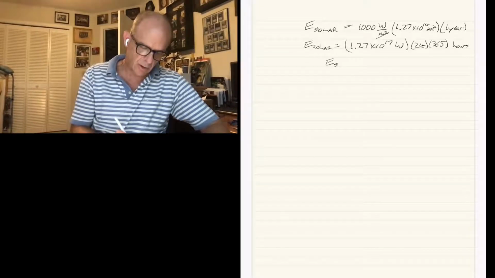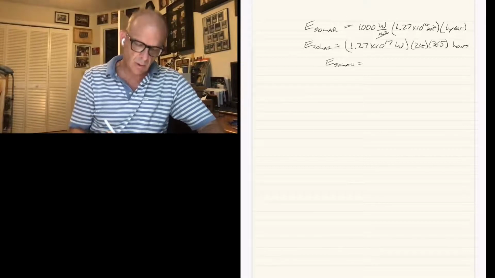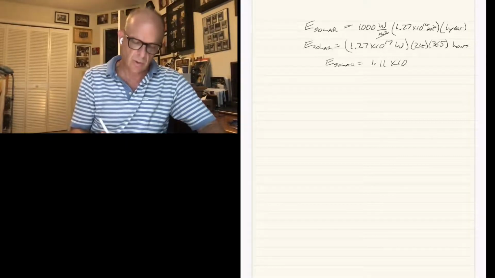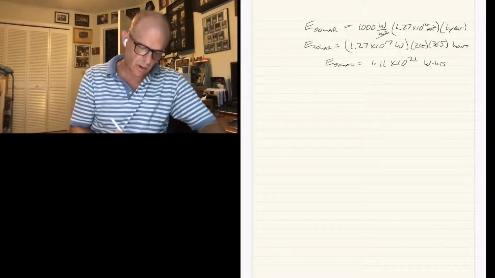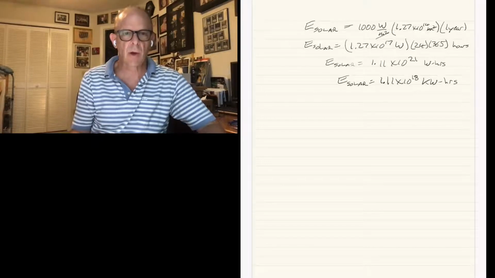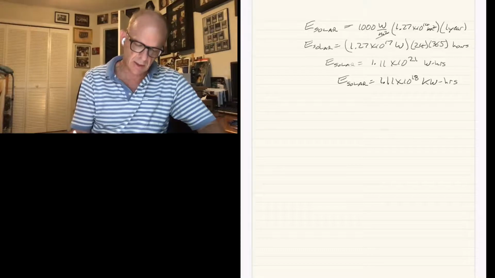So I have E solar equals 1.11 times 10 to the 21 watt hours, or 1.11 times 10 to the 18 kilowatt hours. Converting from watts to kilowatts, I divide by 1,000 because there are 1,000 watts in a kilowatt.